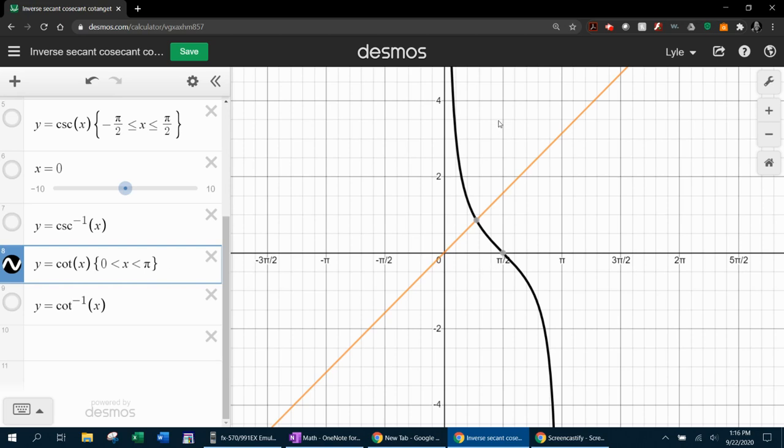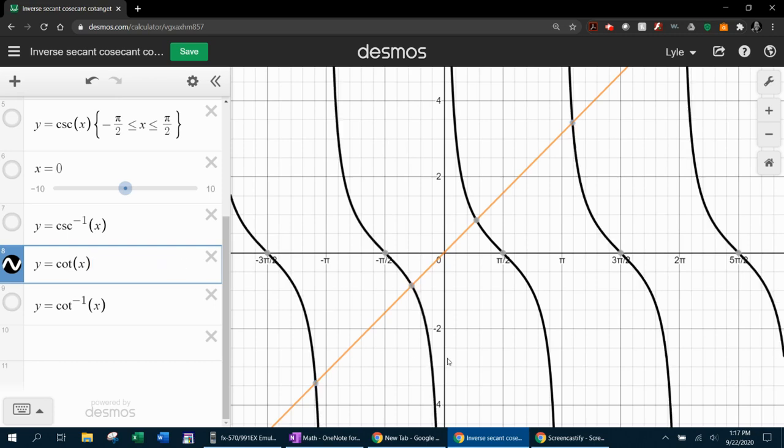And so that's how we come up with this restriction. Notice for this function, there is no vertical asymptote, so the domain should be everything from 0 to pi. However, if we remove that restriction, notice that there is an asymptote at the endpoints. At 0 and at pi, there are vertical asymptotes.